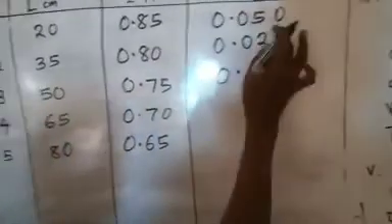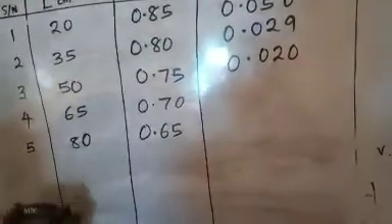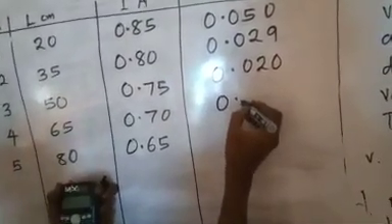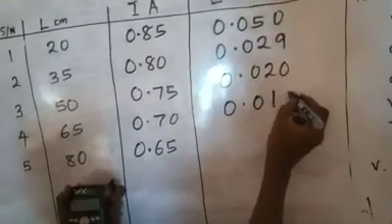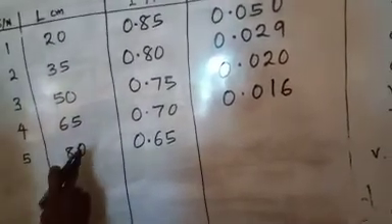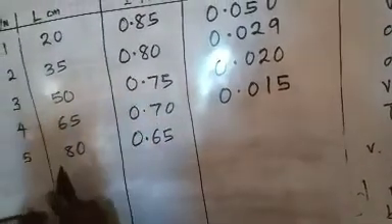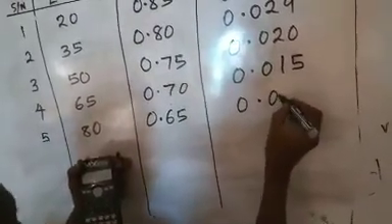You see that this is 3 decimal places and you have to follow suit. 65, 0.016. Now for 80, 0.010.